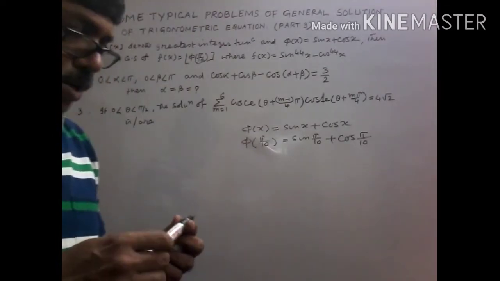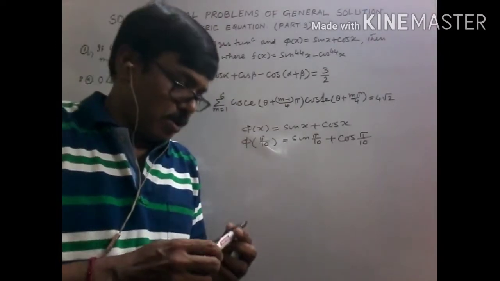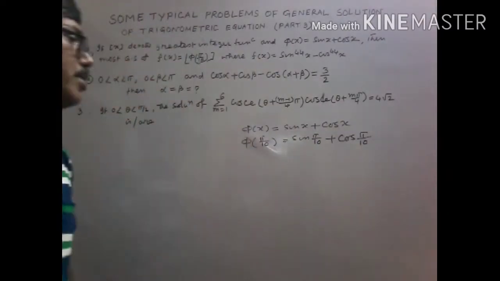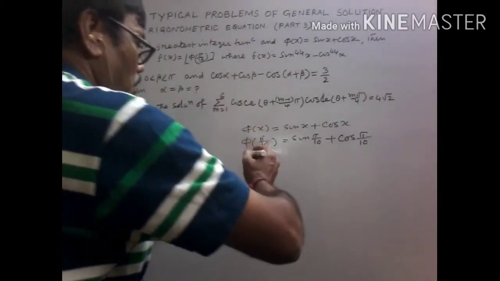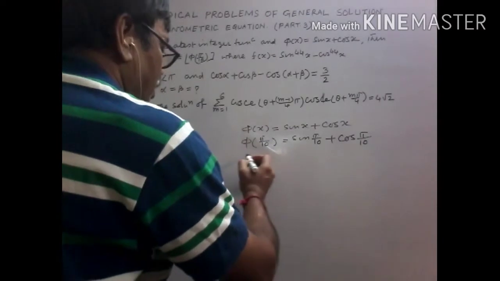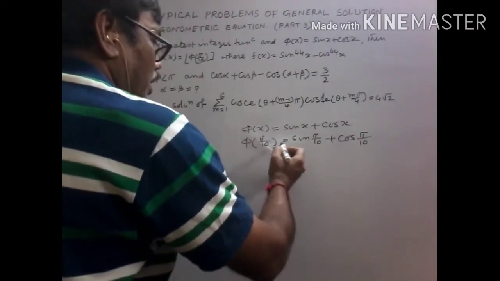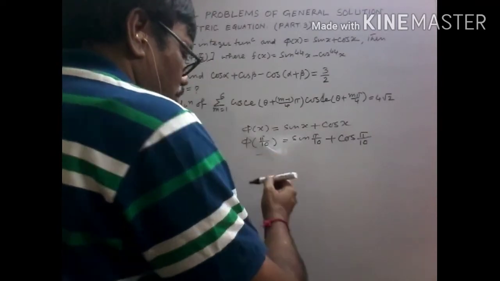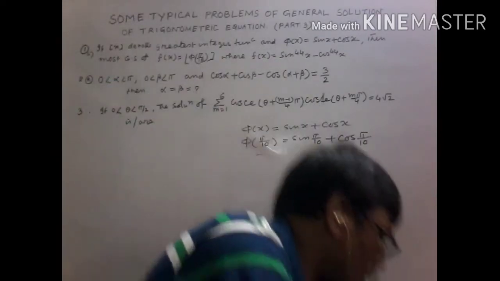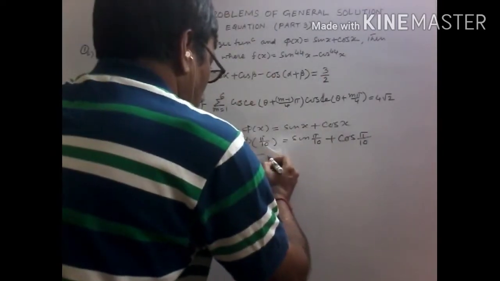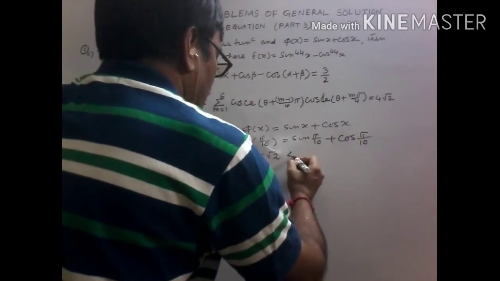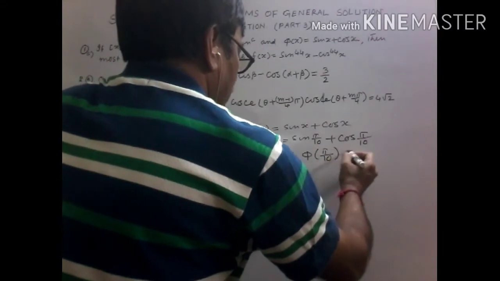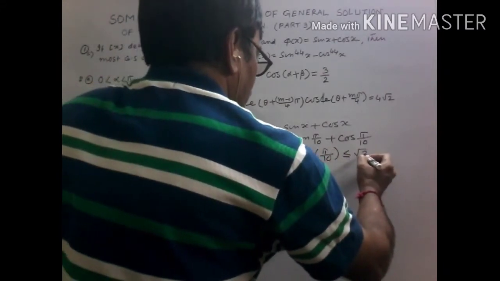Now we know the maximum value of phi(pi/10). So phi(pi/10) lies between minus root 2 and root 2.